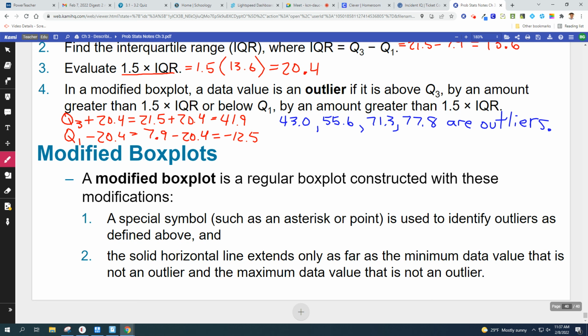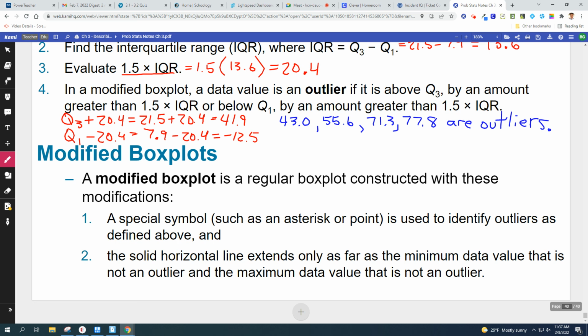A modified box plot is a regular box plot constructed with these modifications. Special symbols such as an asterisk or a point are used to identify outliers that we just found, and the solid horizontal line extends only as far as the minimum and maximum data values that are not outliers.